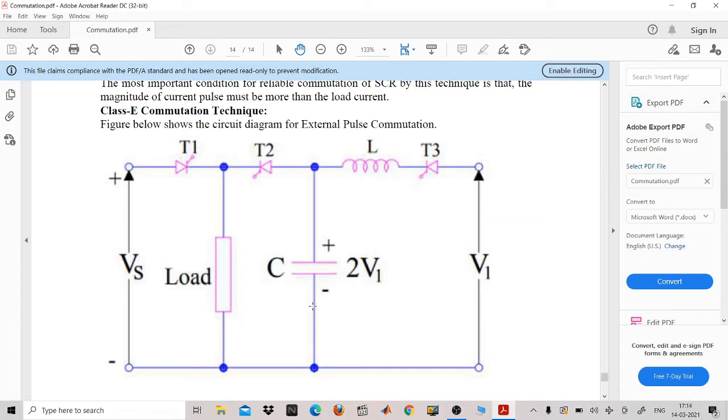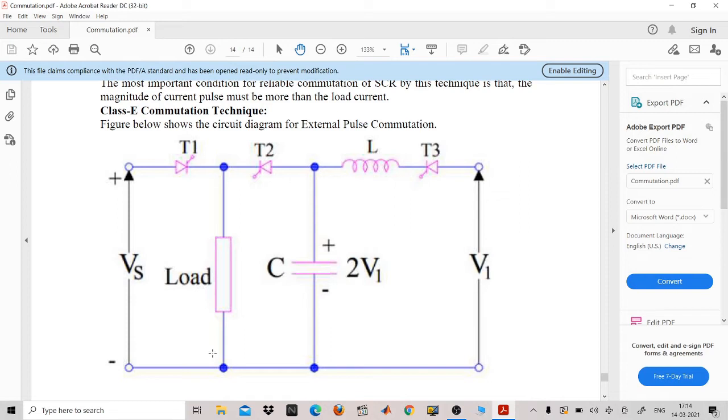Now in class E commutation, you can see T1 is your main SCR, then you have connected a load across it. So this is a simple circuit: a source voltage, one switch and the load. Now T1 is considered as the main SCR, and if you provide a gate pulse, what will happen? This SCR will act as a short circuit. So when it is acting as a short circuit, the entire voltage will come across the load.